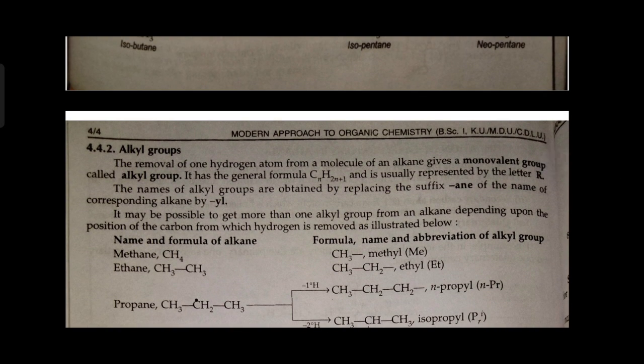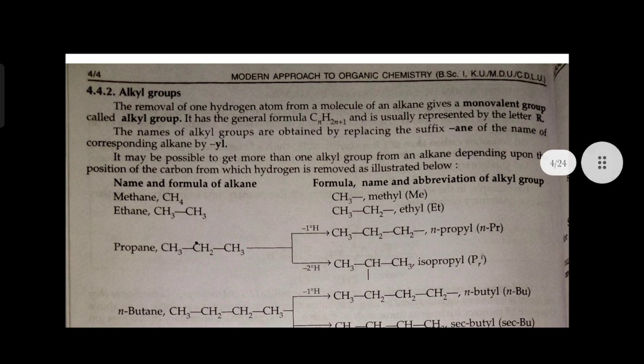Alkyl groups. The removal of one hydrogen atom from a molecule of an alkane gives a monovalent group called an alkyl group. I again repeat, the removal of one hydrogen atom from a molecule of an alkane gives a monovalent group called an alkyl group.